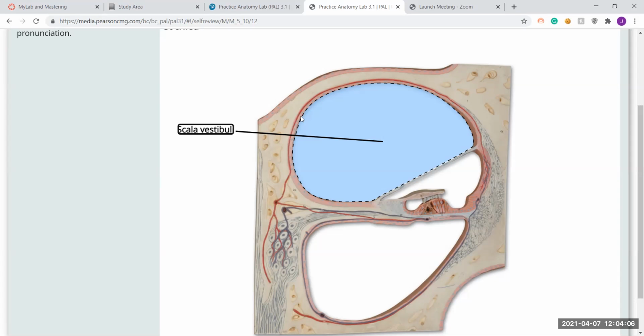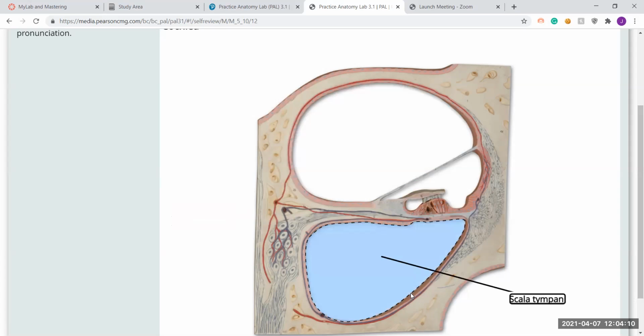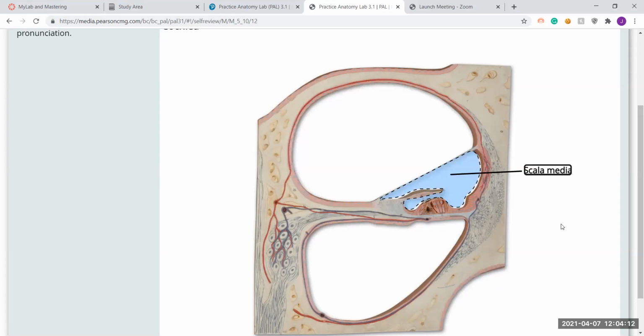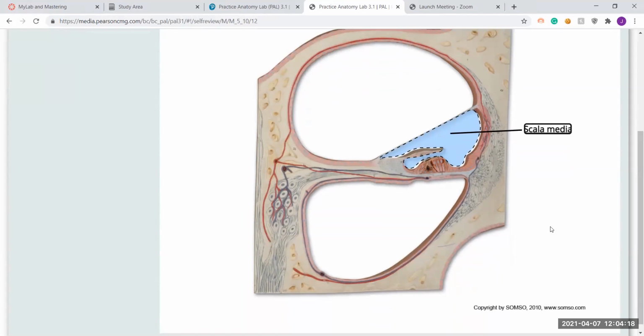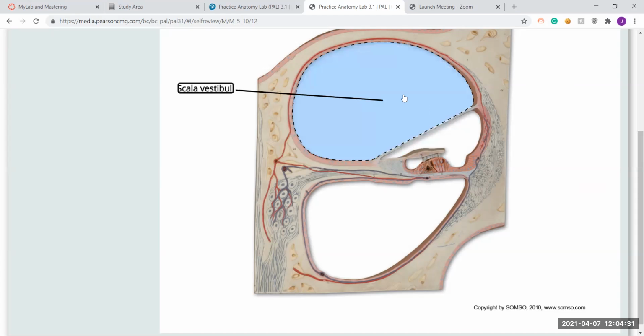So outside you have bony tube, and then inside you have membranous tube here. So when you cut in cochlea, there are 3 cavities inside the membranous tube.